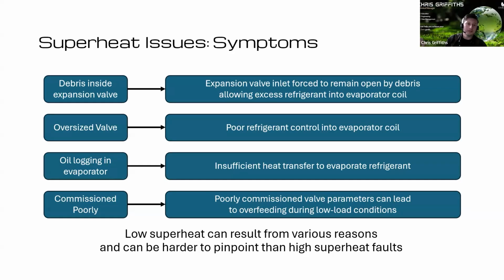It's insufficient heat transfer to boil off because it acts as an insulator. That refrigerant will still go through and again reach back to our compressors. And then lastly, as we've already talked on, poorly commissioned. If those valve parameters aren't set up correctly, if it's not reading the right transducer range, you'll get overfeeding of liquid. And again, it will reach back to our compressors.